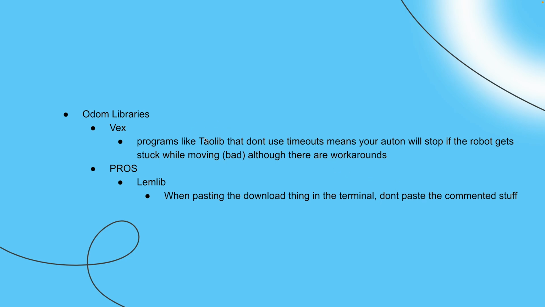The one that I use, Tailib, when I use the VEX extension, it didn't have that, or at least there was a weird workaround to get it to work. But that messed up a lot of autons, because if the robot runs into something, then it's cooked. That's just something to keep in mind.